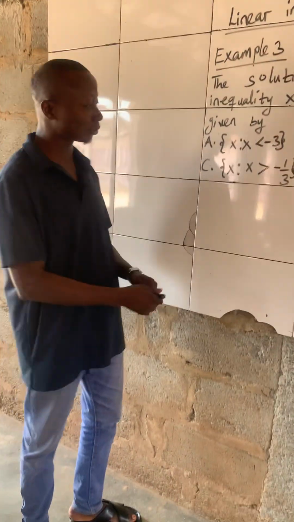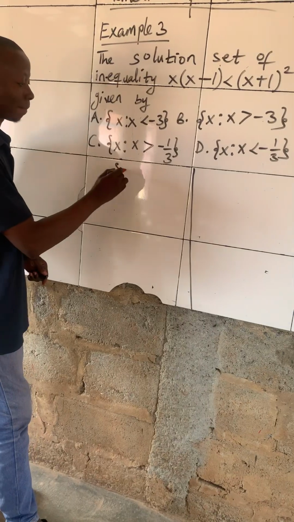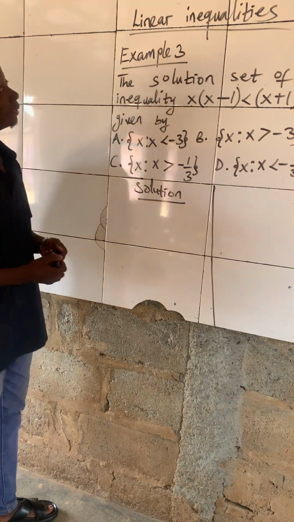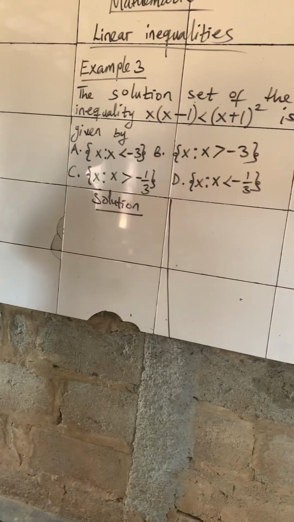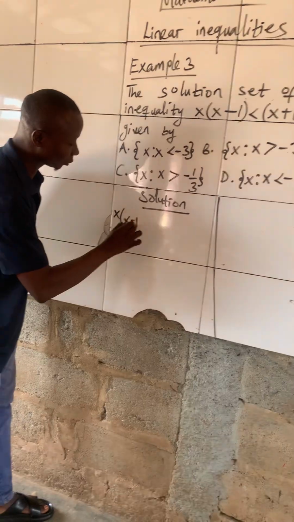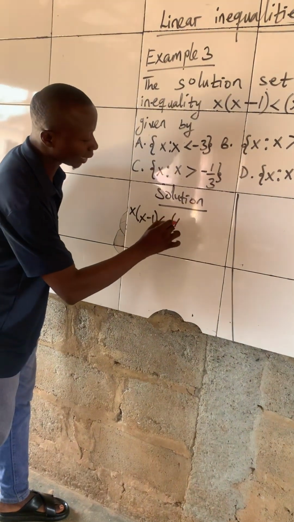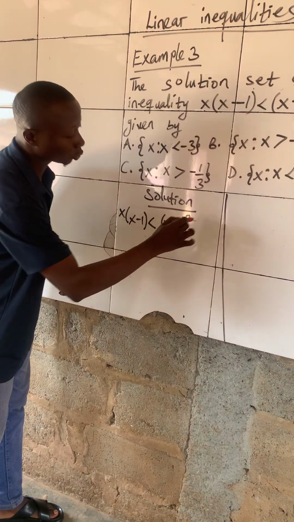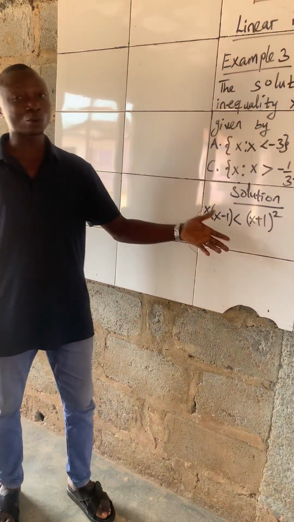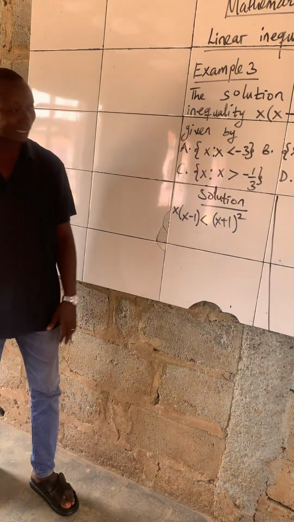So let's solve. The question is x(x - 1) < (x + 1)², all to the power 2. So it is a linear inequality problem. Remember, there is an inequality sign, which is less than.